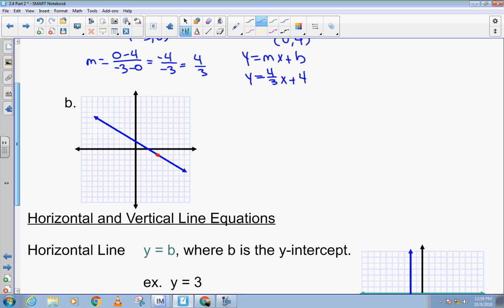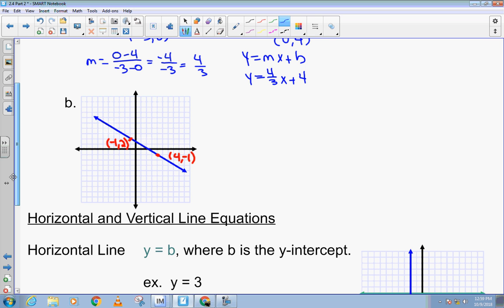And no, not perfectly. Looks like this right here is a pretty good point. Okay. So I'm going to use those 2 points to find my slope. Okay. And this point is located at 1, 2, 3, 4, -1. And this point is located at -1, 2.